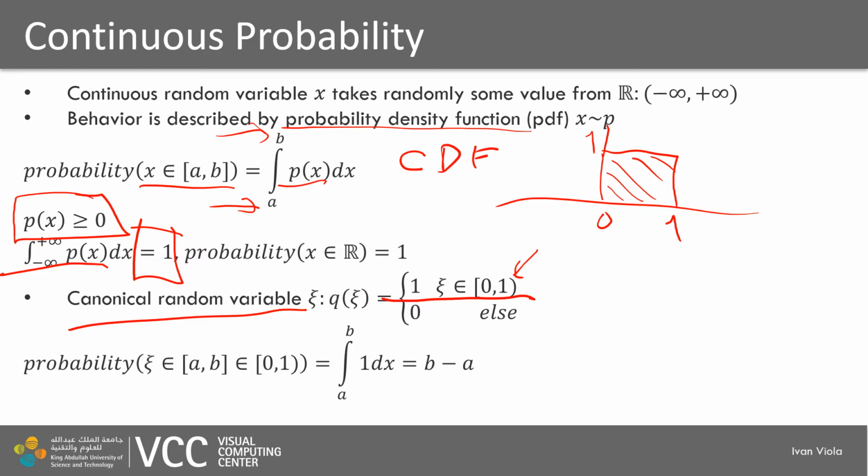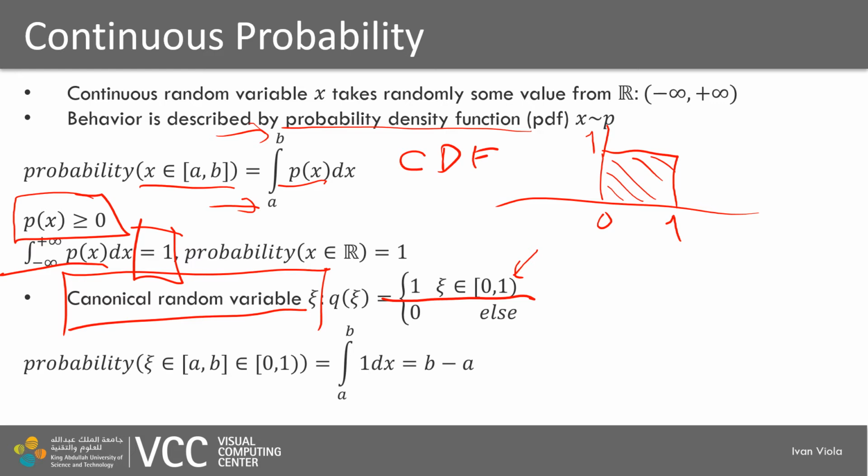This is a valid probability density function, and it will be a very useful random variable for picking a random number between 0 and 1 in a uniform way, so in an unbiased way. Therefore, we will call this a canonical random variable.